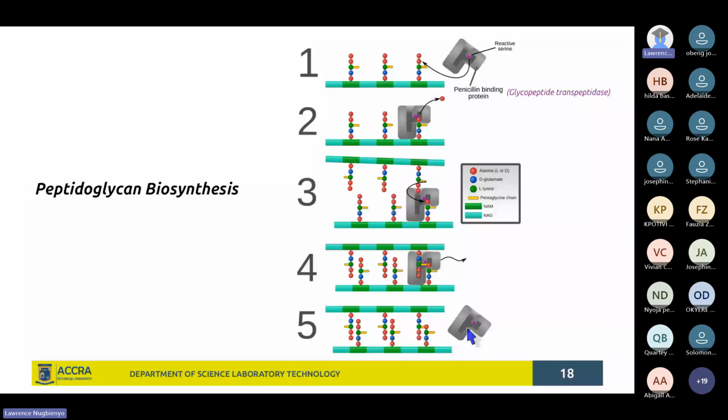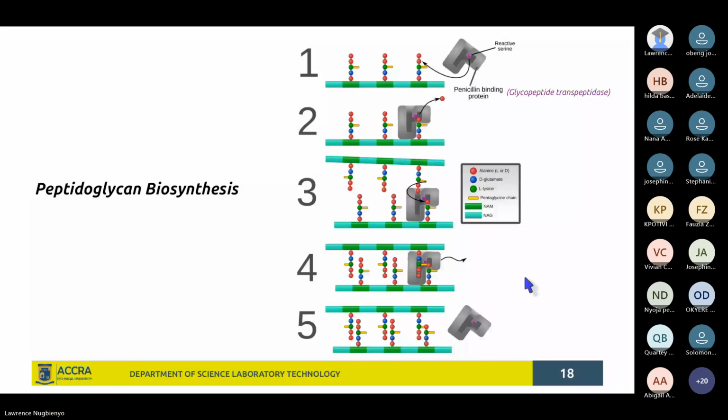It can go and bind to others to form another cross linkage. So the enzyme continues to form cross linkages at different portions. Once it finishes, it dissociates. All right, so this is a simplification of the process of peptidoglycan synthesis.